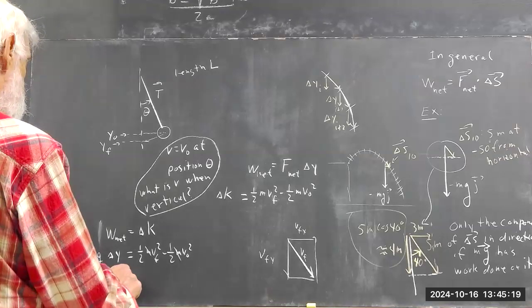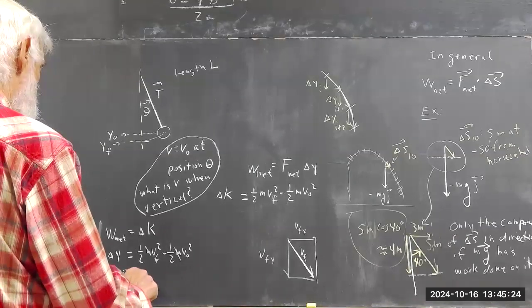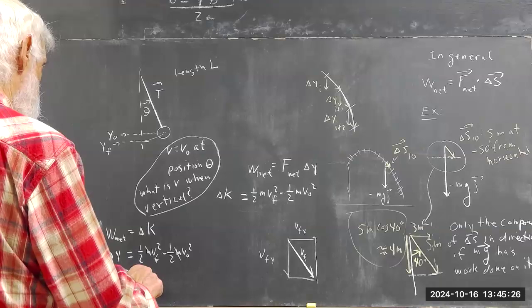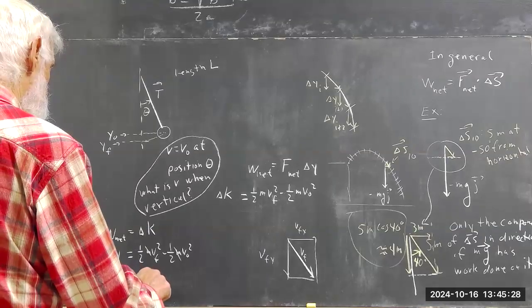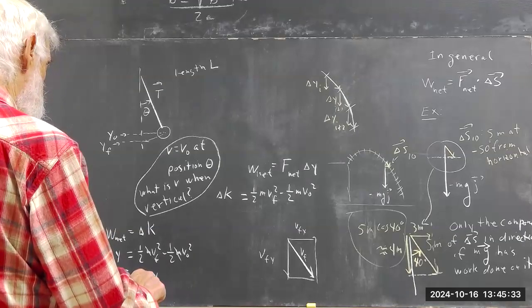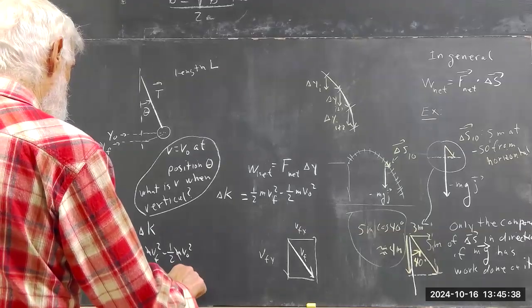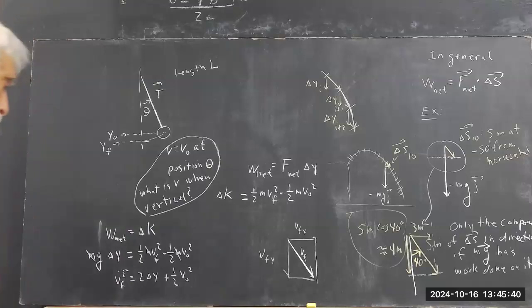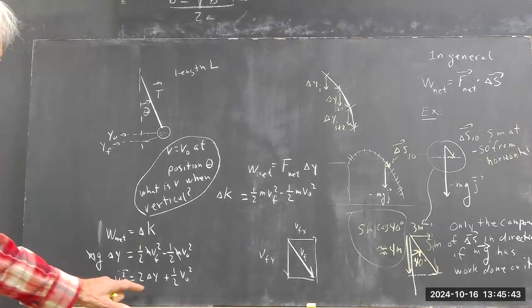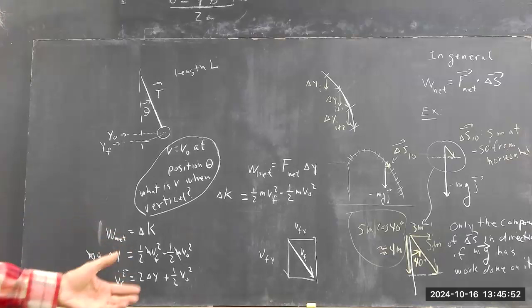And you end up with vf squared equals 2 g delta y plus v naught squared. Again, we never had to touch an acceleration. Just using the idea of work energy.